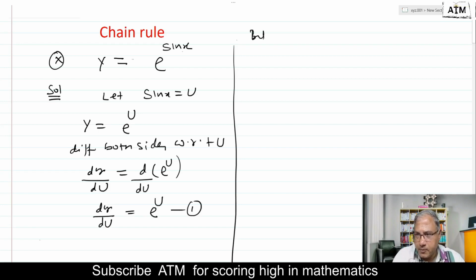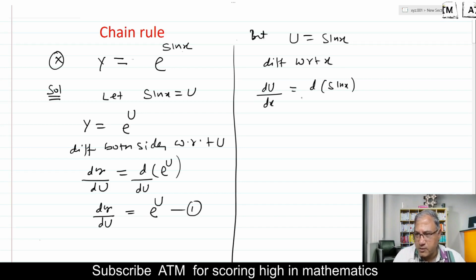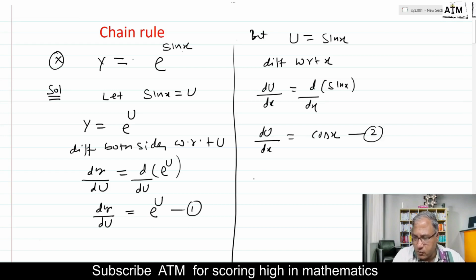But u equals sin x, differentiating with respect to x, we have du by dx equals derivative of sin x with respect to x. So du by dx equals cos x. Derivative of sin x is cos x. Call it equation number 2.